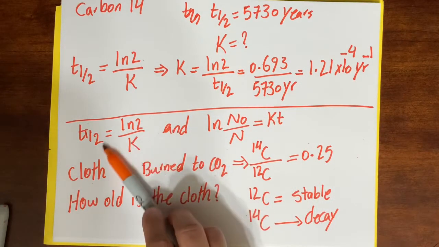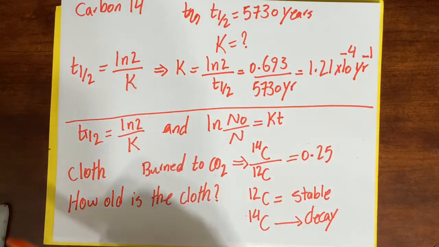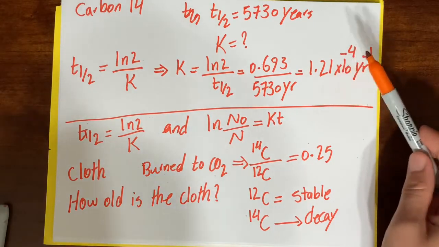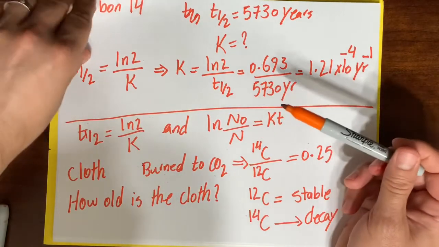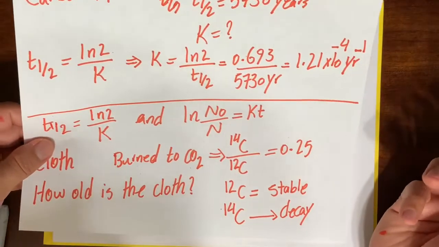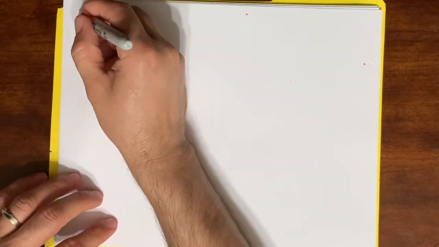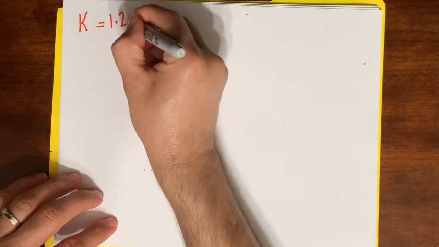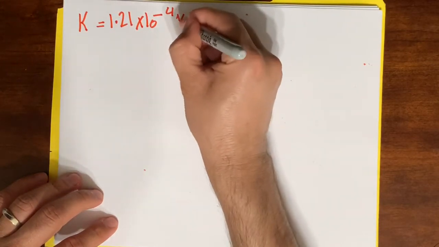Put the half-life here, calculate k, and it's going to be the same as this number. And this time use the second formula and calculate t. So I go with k equal to 1.21 multiplied by 10 to the power of minus 4 year to the power of minus 1.